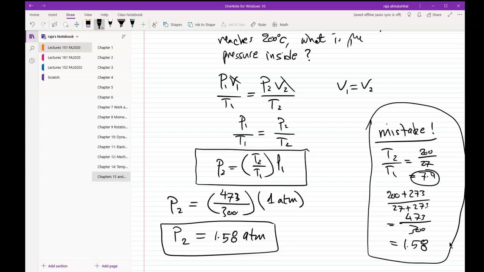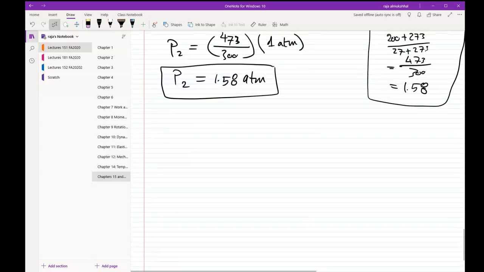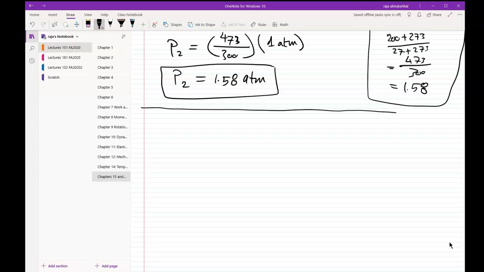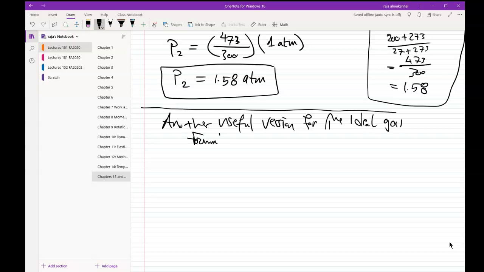Okay, got it, everyone? Okay. There is another useful version for the ideal gas formula. Oops, formula.